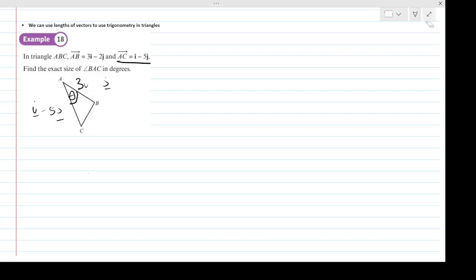So, if I get rid of all this outside, with these sorts of questions, you should consider finding the lengths of all the sides. Firstly, A to B is 3i minus 2j.